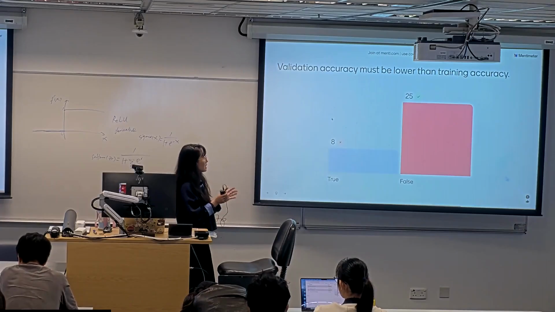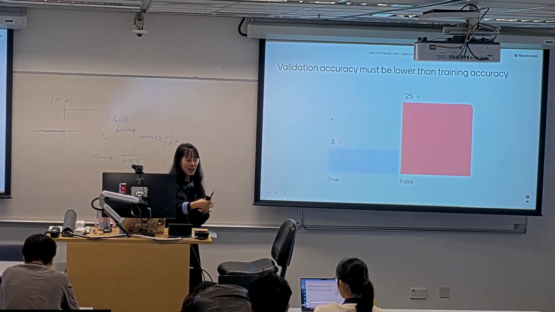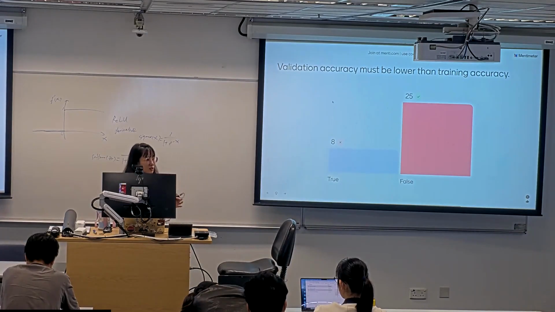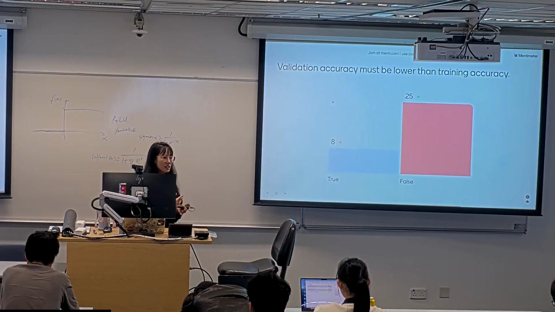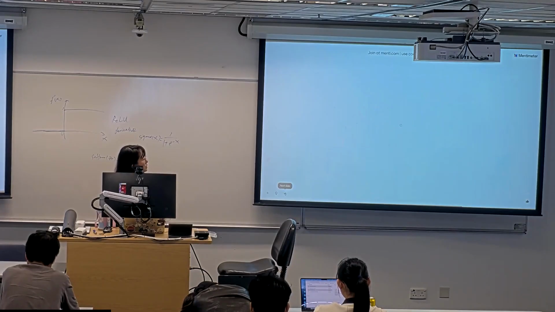When you're testing on a quite small data set, then the accuracy may even be higher because it's relatively easier. That means it's not so easy to make mistakes. So actually both can happen. There is no rule that the validation accuracy must be higher or lower. Basically everything is possible during the training. So this is false.